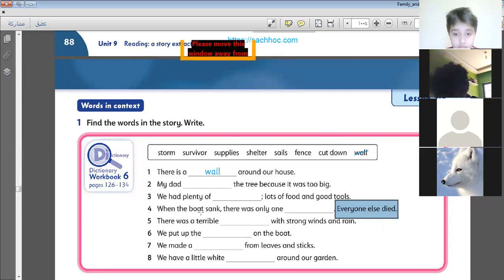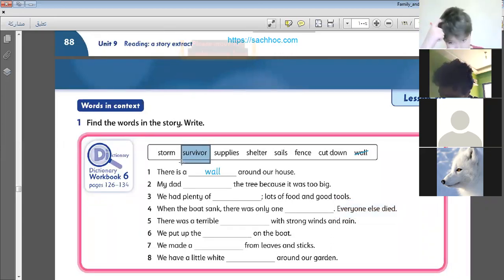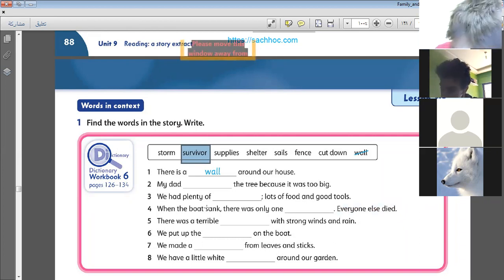When the boat sank, there was only one, everyone else died. So there will be one survivor among them. Yes, teacher, it's number 4, survivor. So when the boat sank, there was only one survivor. Everyone else died.